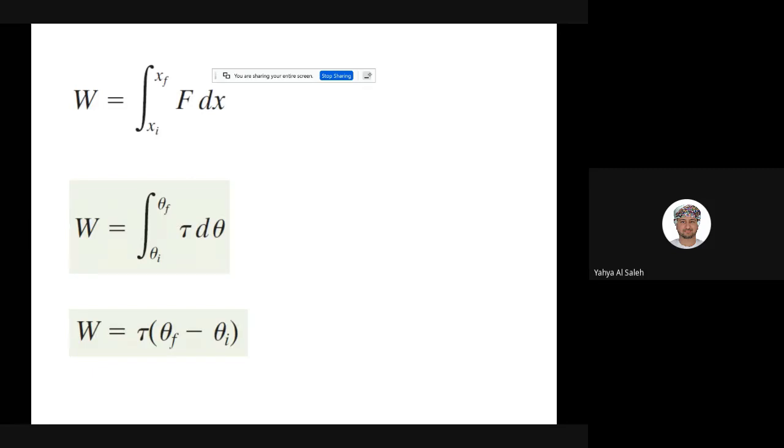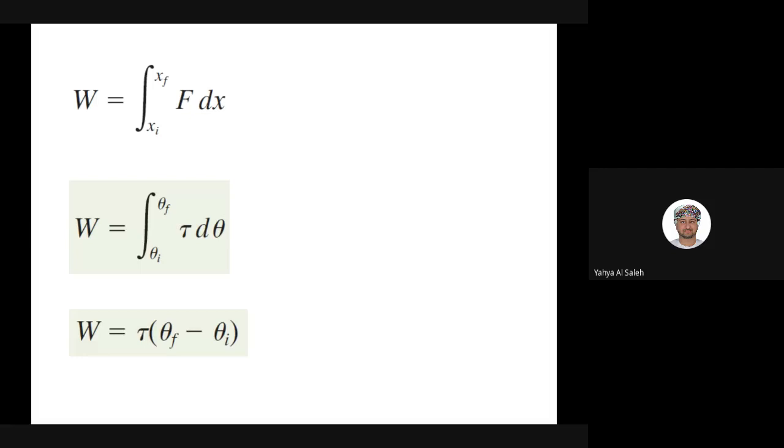As usual, when we look at work, we used to integrate F dx from xi to xf. Now we will translate, so we'll integrate torque d theta from theta initial to theta final. If we have a fixed torque, then we end up with torque times theta final minus theta initial.